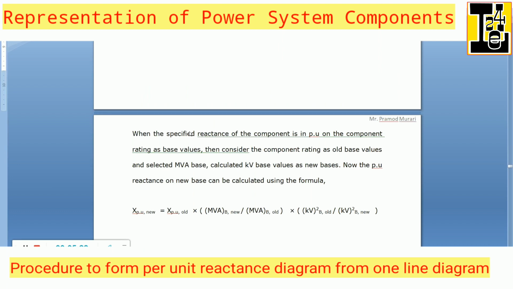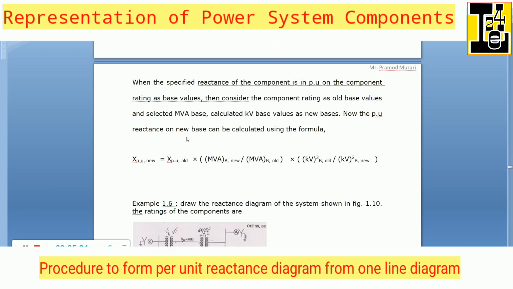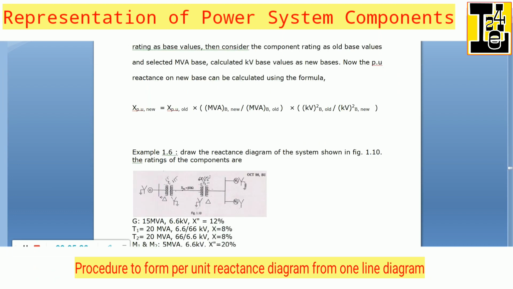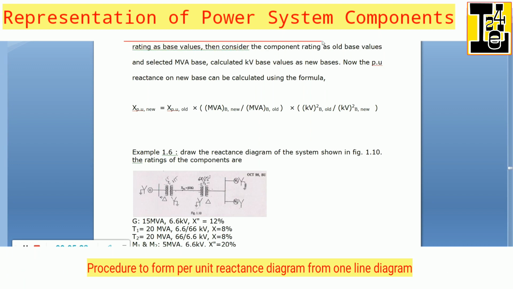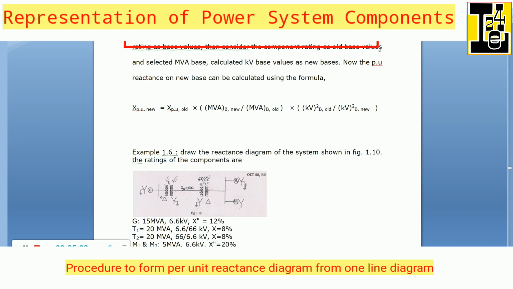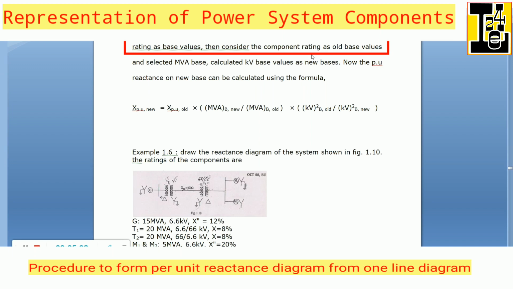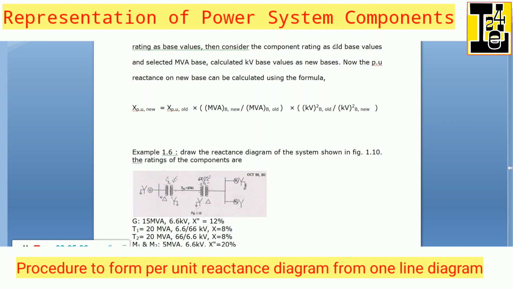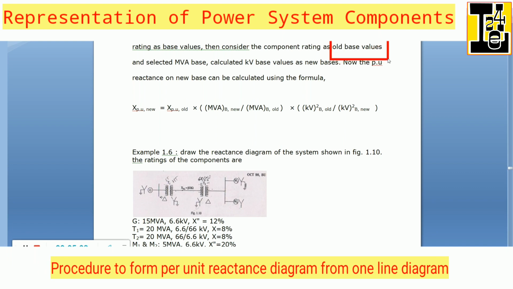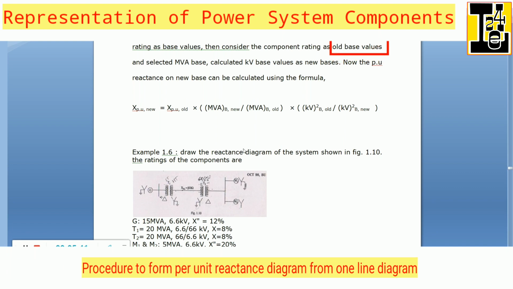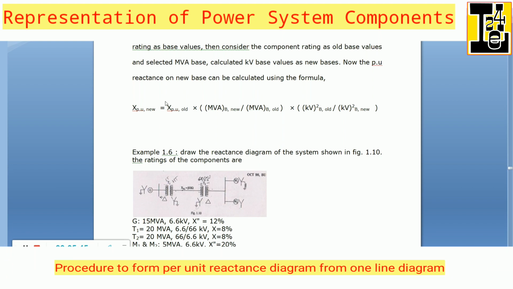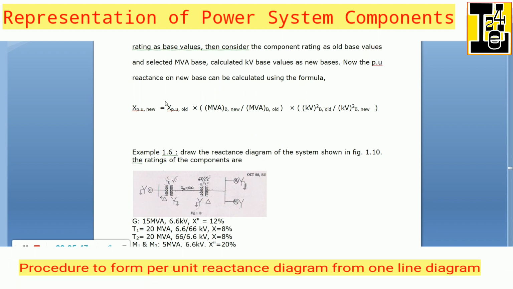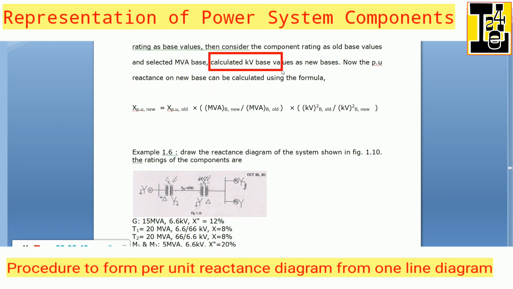When the specified reactance of the component is in per unit on the component rating as base values, then we need to consider the component rating as the old base values, and the selected MVA base and calculated kV base values as the new base values.